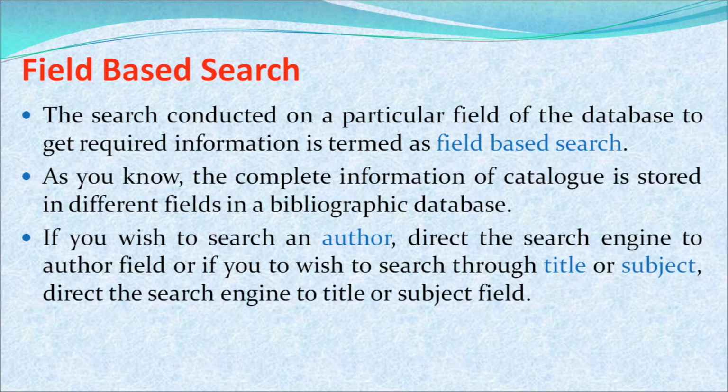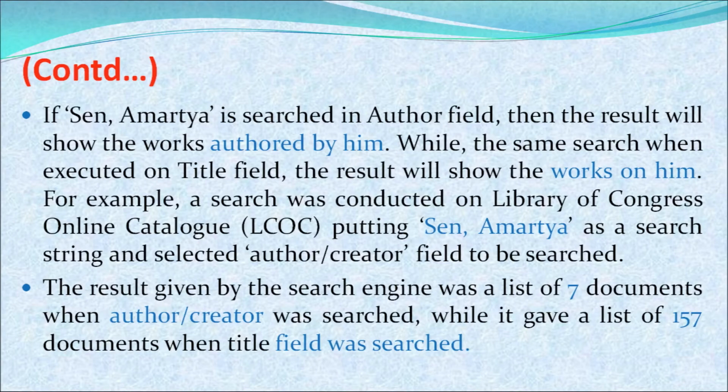If you wish to search an author, direct the search engine to the author field, or if you wish to search through title or subject, direct the search engine to the title or subject field. If Sen Amrita is searched in the author field, the result will show the works authored by him, while the same search executed in the title field will show the works on him.